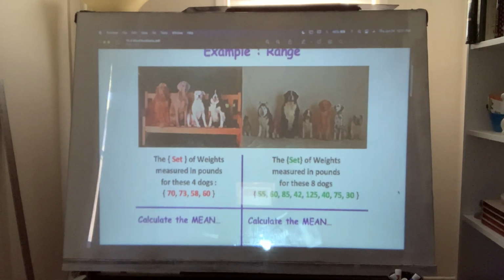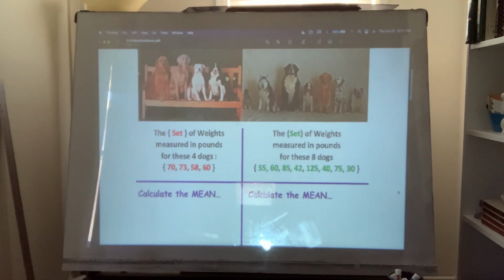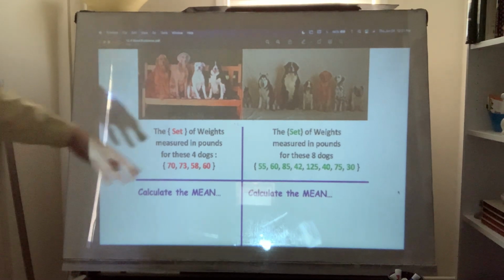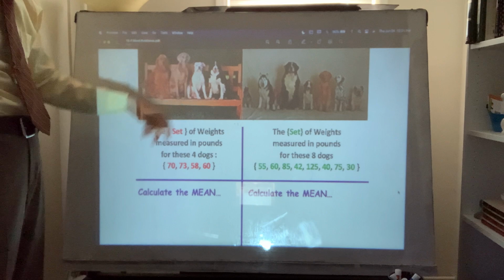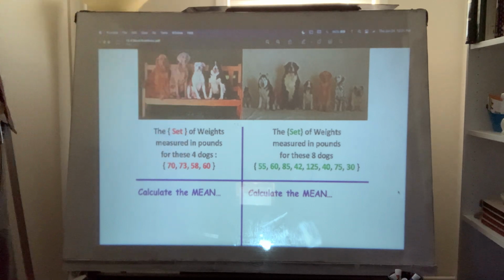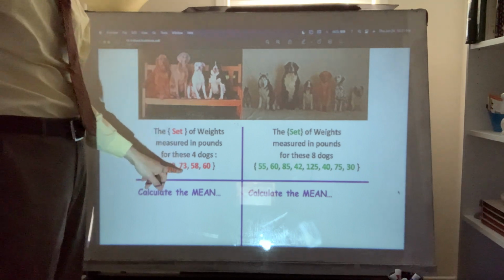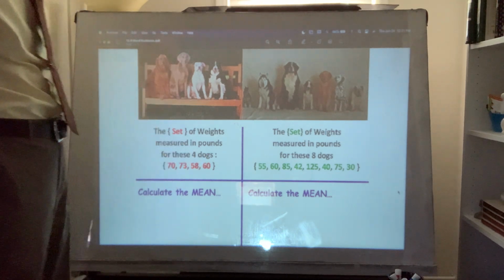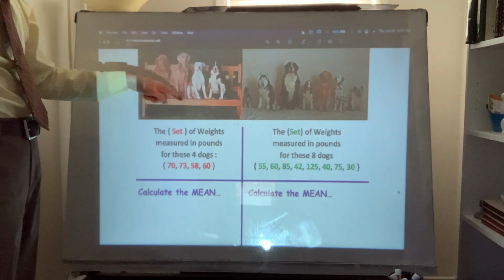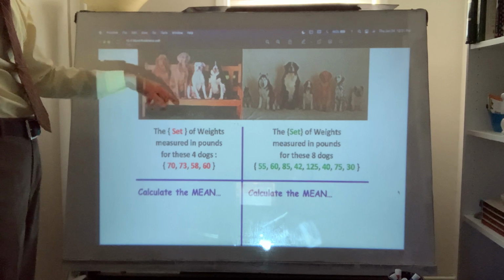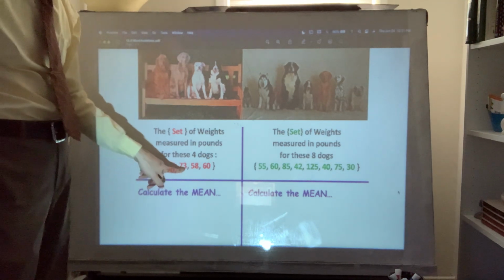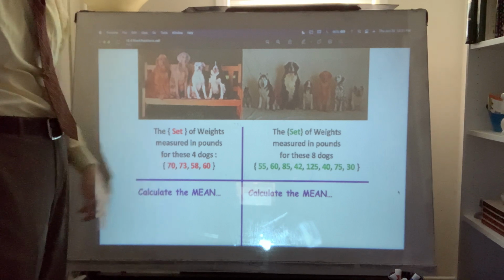Anyhow, let's do a couple of calculations here to get the point across. The set of weights measured in pounds, just thinking about what we're used to here in the United States, for these four dogs is 70, 73, 58, and 60. Meaning that this Weimaraner, I think that's what you would call this dog, is probably the hefty one, 73.